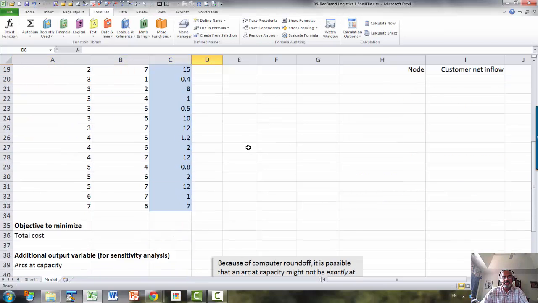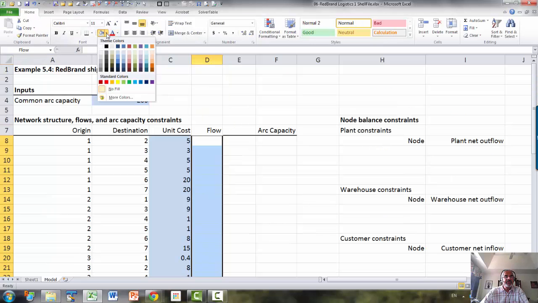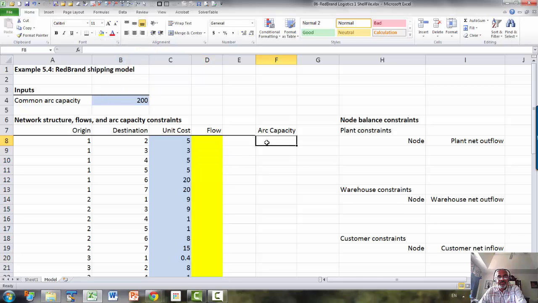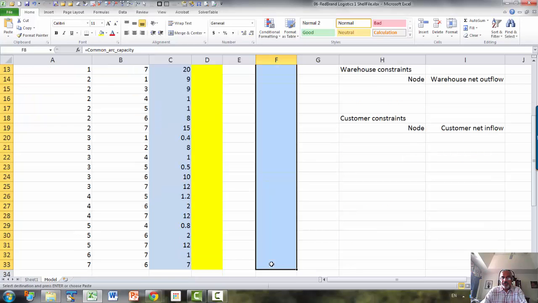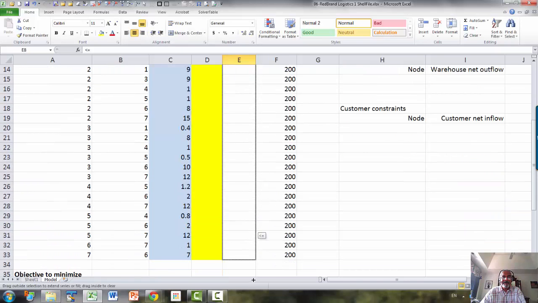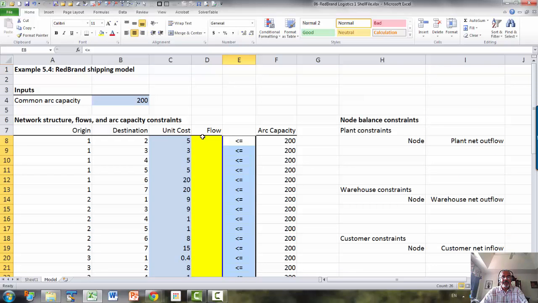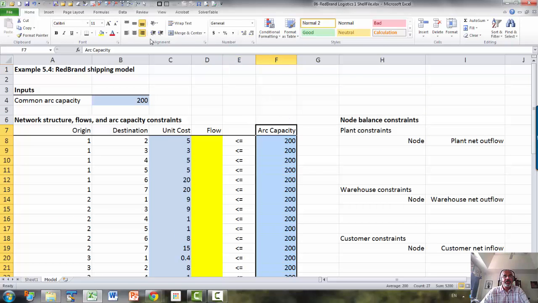And flow is of course the changing cells, so let's color code that like that. Now arc capacity is that. So let's copy. And we need to make sure that the flows do not exceed the arc capacity. Okay, so now let's give a name to arc capacity.